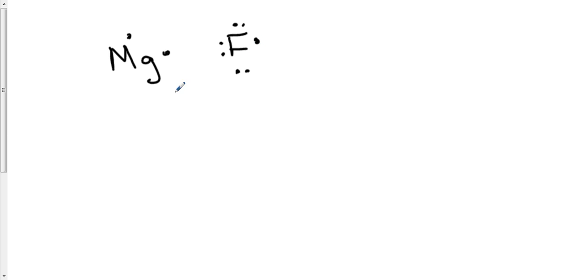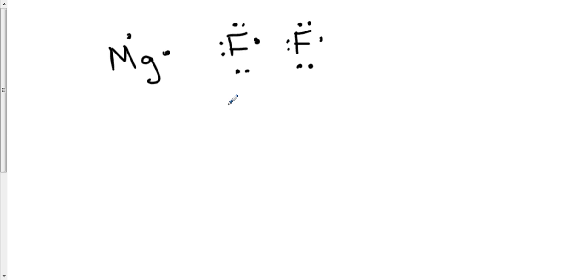So in order to actually make this reaction work, what we're going to need is 2 fluorine atoms for every one magnesium, because magnesium's trying to give away two, and fluorine's only willing to accept one.